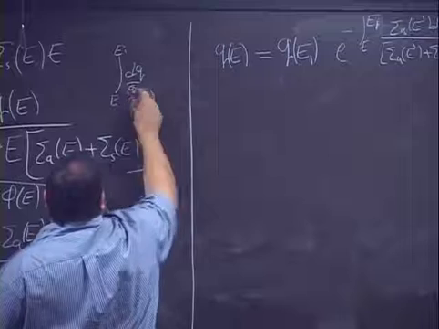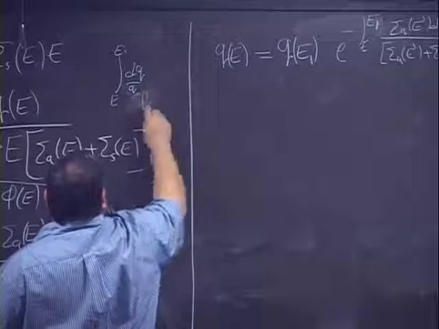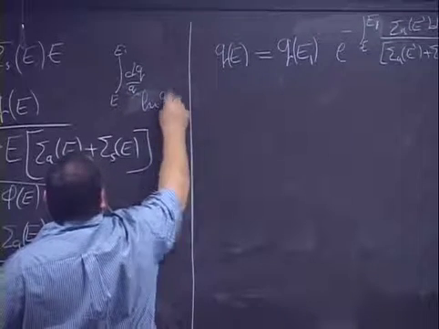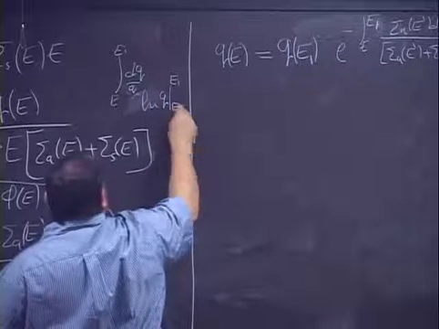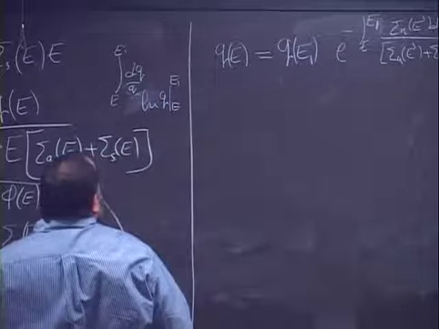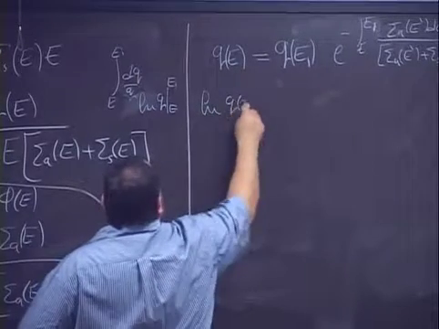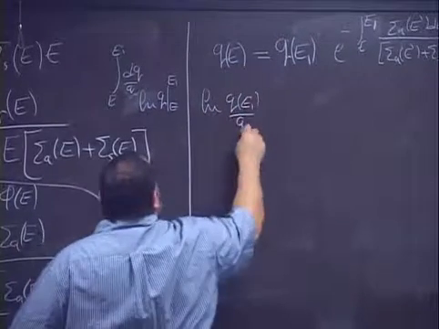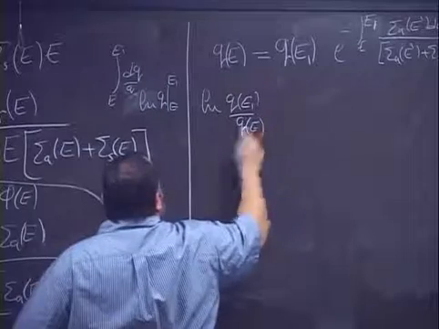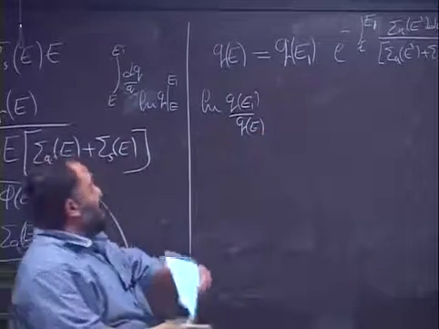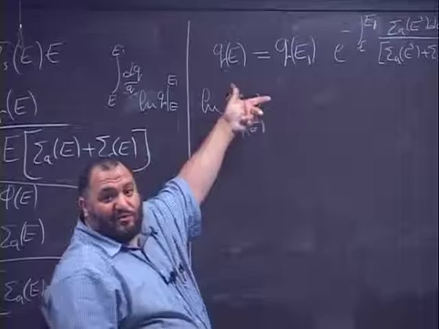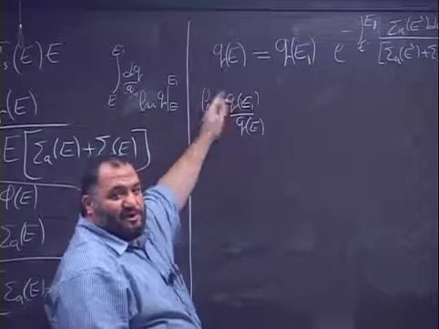This is over Q, so this will give you ln Q from E1 to E. So this will give you ln Q of E1 divided by Q of E. But what you see here is Q of E over Q of E1. So you flip this one and it gives you a negative sign.